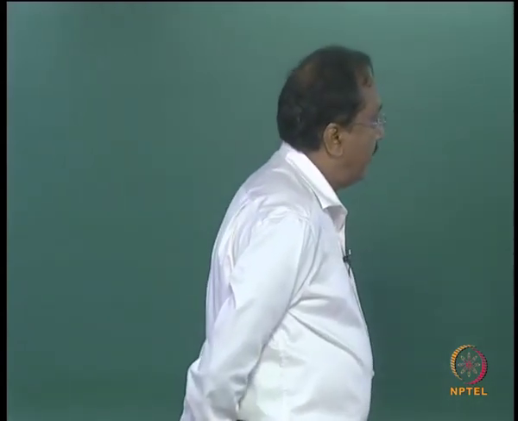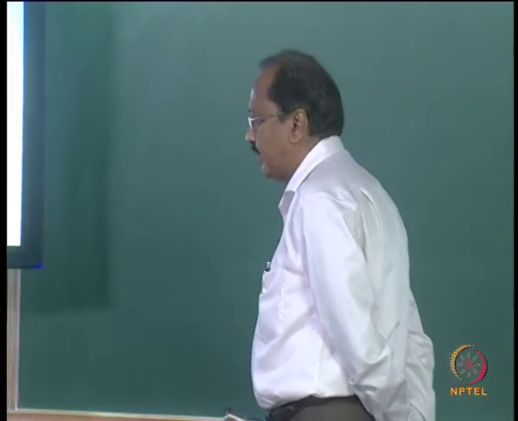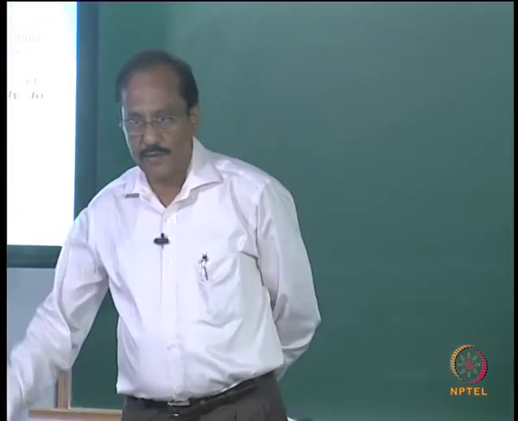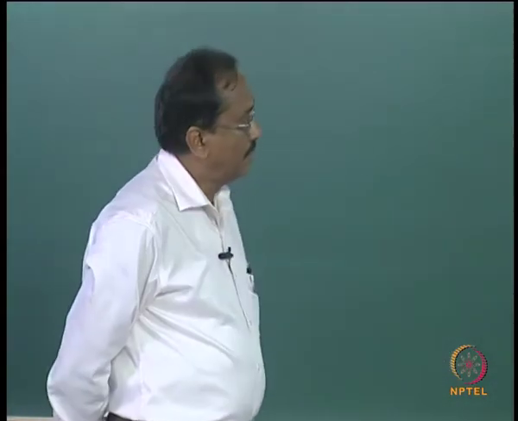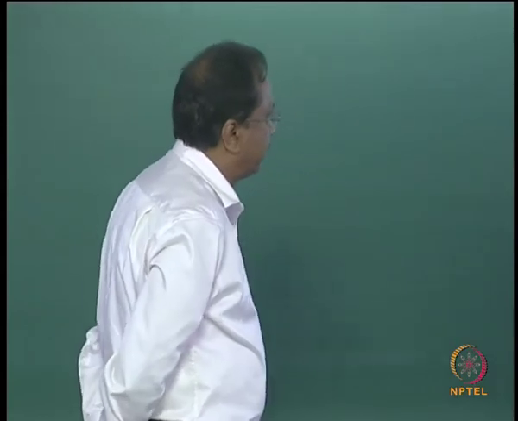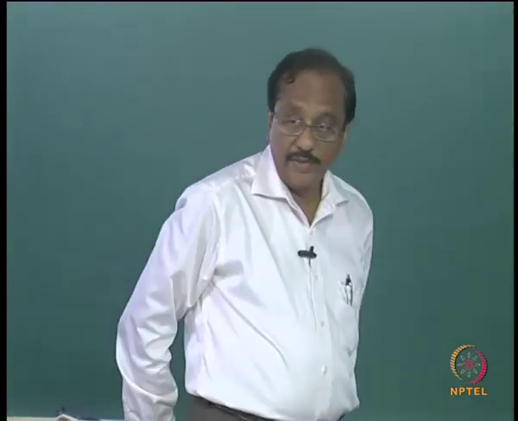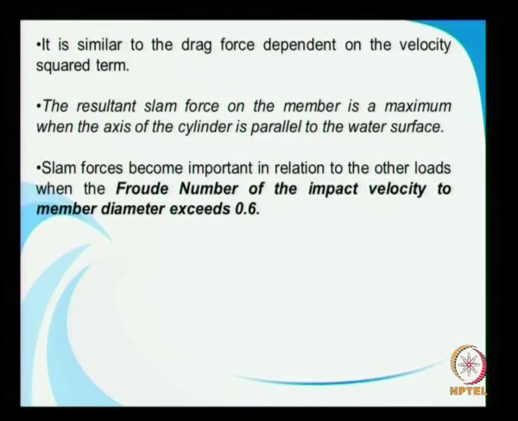It is often similar to the velocity-dependent drag force. You know that the drag force is a function of the square of velocity, so the slam force will also be similar to a drag force. The resultant slam force on a member is maximum when the axis of the cylinder is parallel to the water surface.